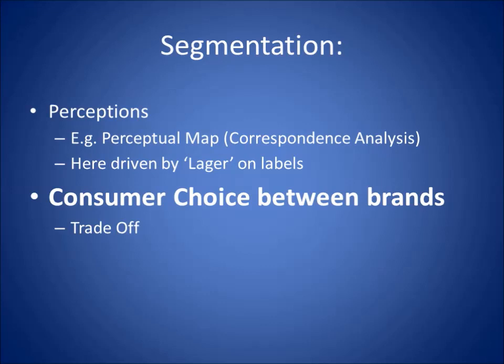Now, that would not be a problem if you did not treat the perceptual map as a representation of how people choose between brands. Mostly the way that perceptual maps are interpreted is that people see these brands as being similar, and therefore they choose between these brands.